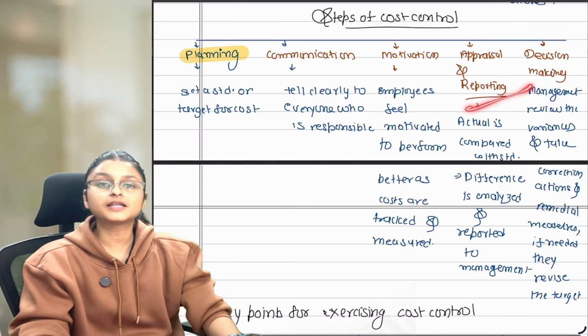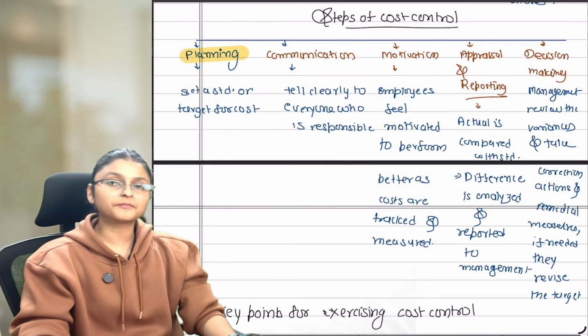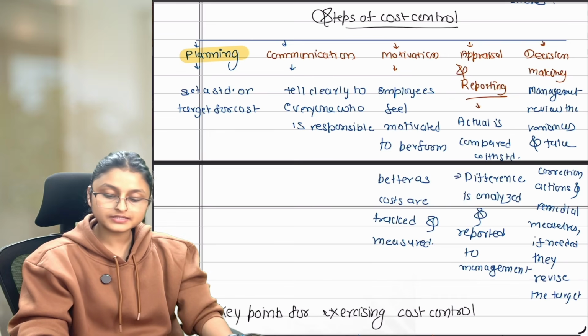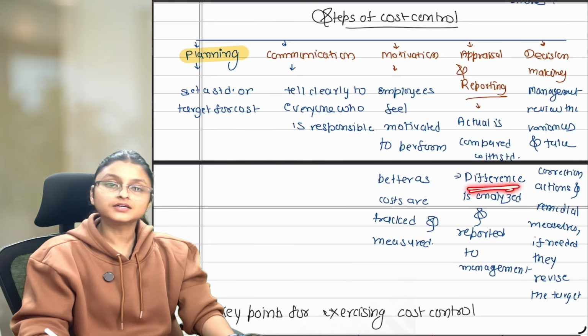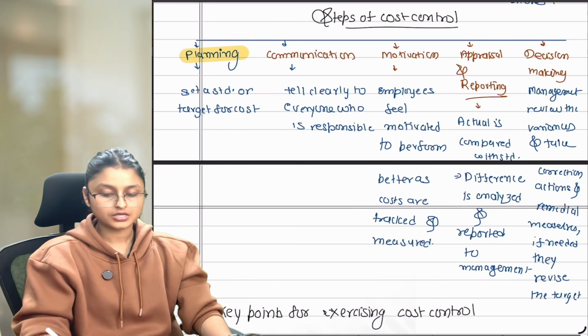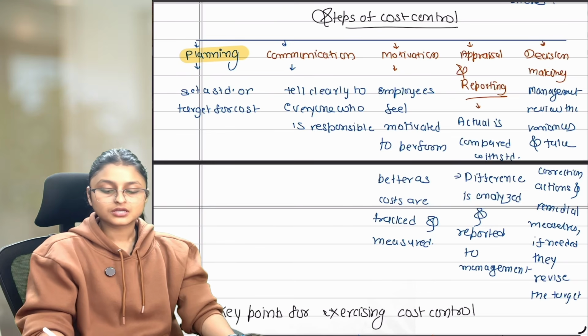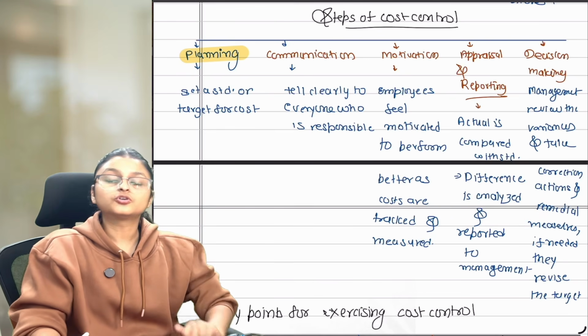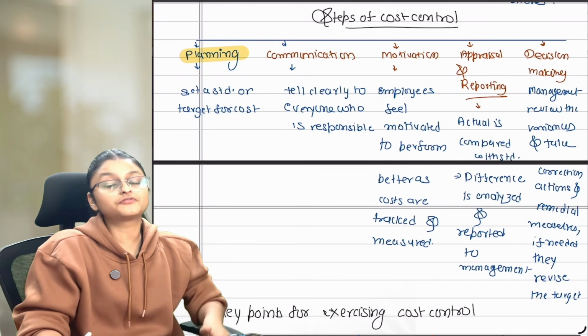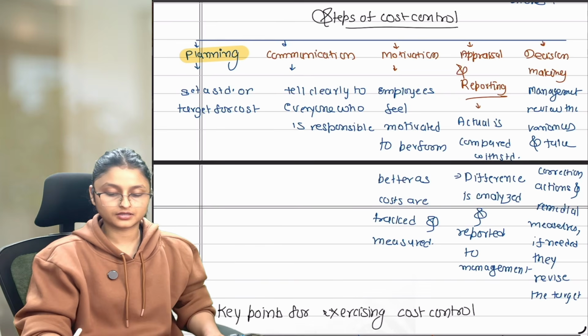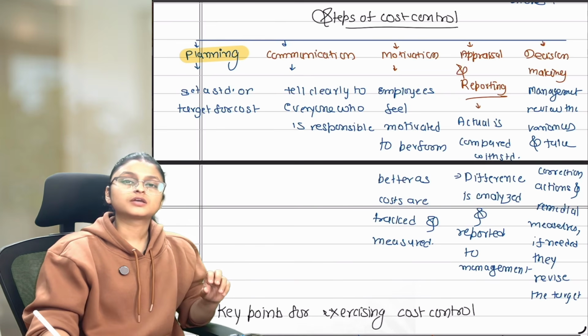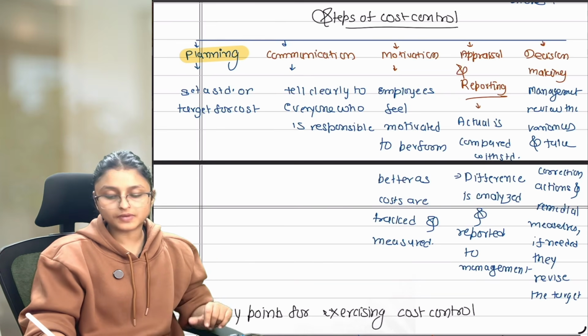Next, appraisal and reporting, where the actual is compared with the standards and variances are found out. Variances are the differences or deviations. After finding out the deviations, those deviations are analyzed to find out the reason why these deviations are coming. Then these deviations with the reasons are reported to management.